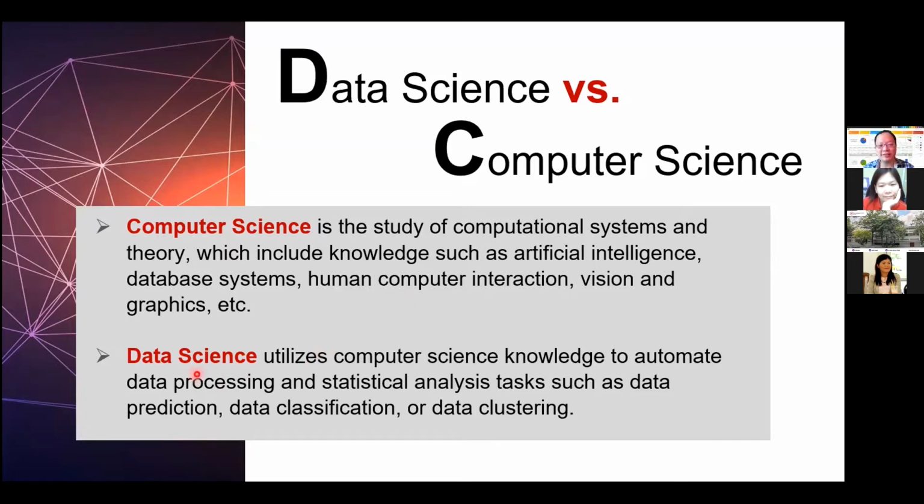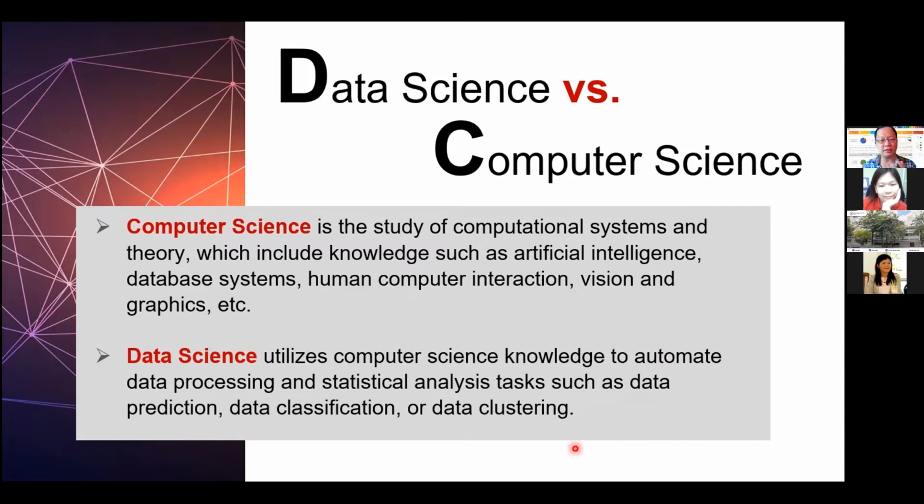But data science utilizes all this computer science knowledge to automate data processing by using all the statistical analysis processes. So data science basically uses computer science knowledge to automate things, to process everything in an automated manner, so that we can extract the value from data.